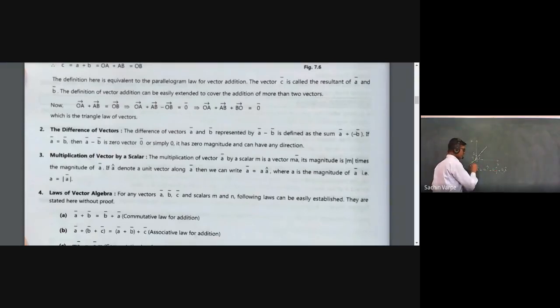This is called the vector representation of a vector in terms of i cap, j cap, and k cap, where a1, a2, a3 are called components of this vector along the coordinate axes. That is, a1 is the component along the x-axis, a2 along the y-axis, and a3 along the z-axis.